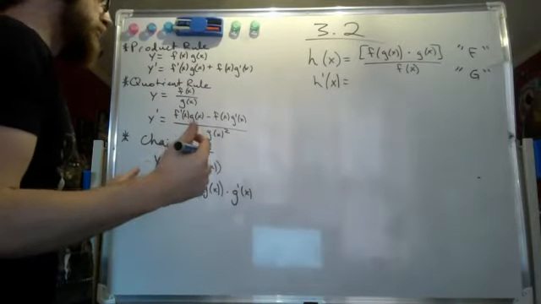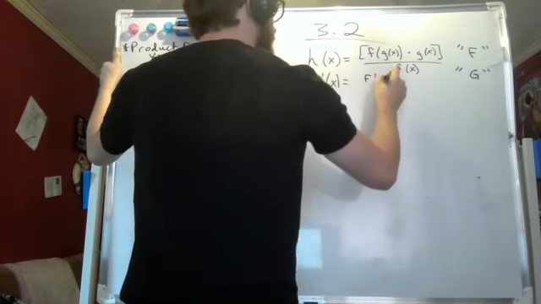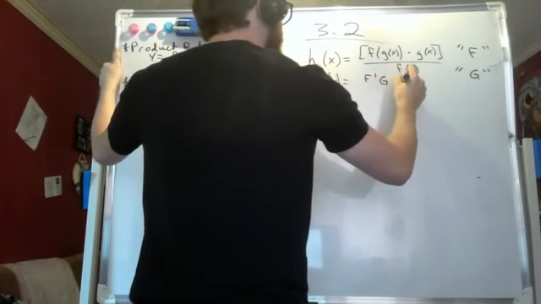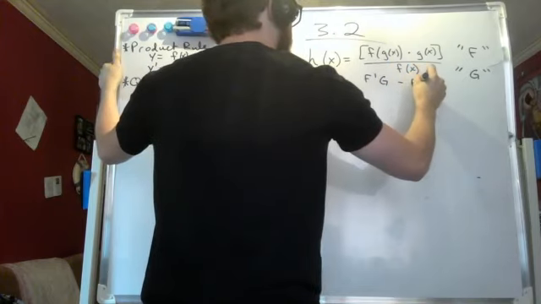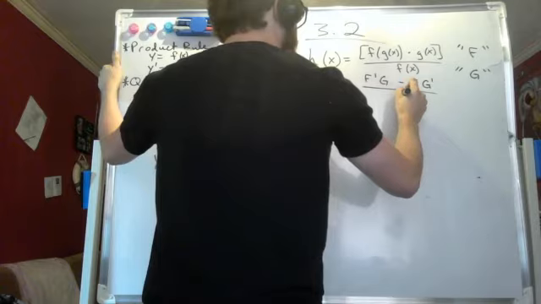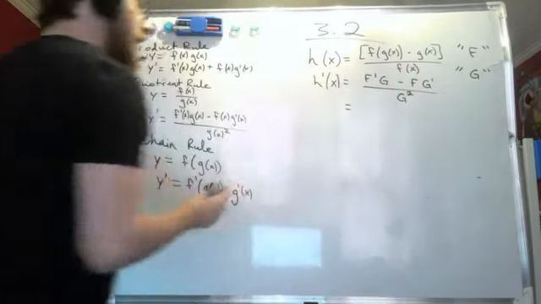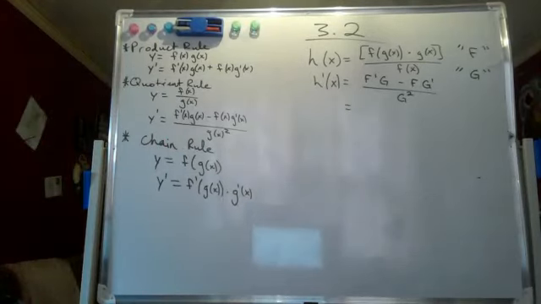Well, by the quotient rule, it's big F prime times G minus big F times G prime, all divided by G squared. Okay, so that helps us break this down step by step.